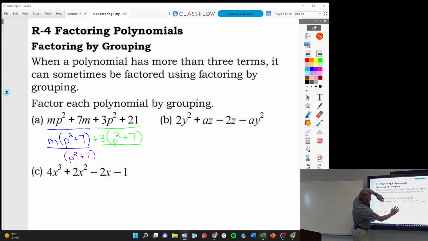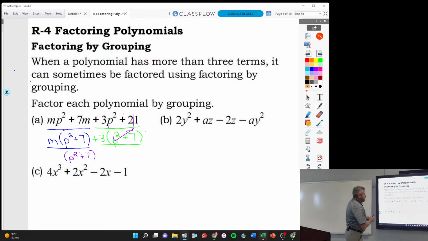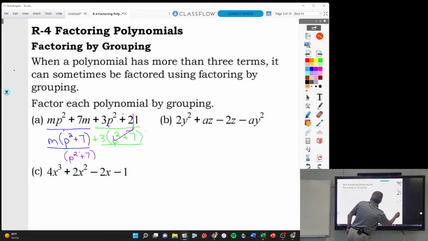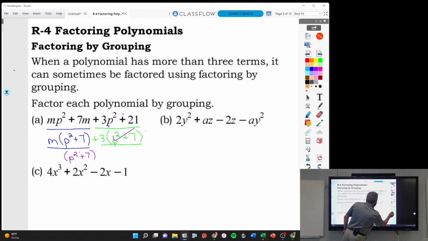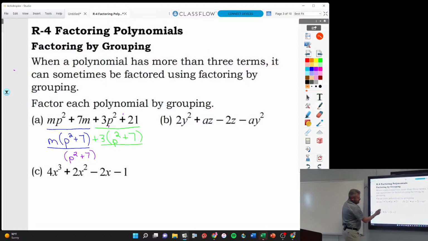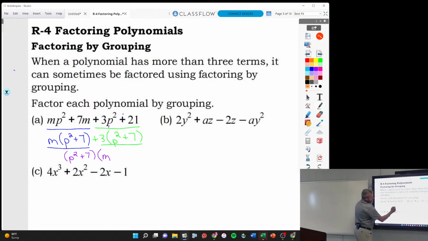If I factor out that p squared plus 7 and think of it as covering those 2 guys up, what do I have left? I see an m is left, and I see that a 3 is left. Sorry about that, I wrote on the board a little bit when I was putting my hands on it. Make those go away. So if I factored out that p squared plus 7, I have this m left, and I have this 3 left, so plus 3. And there you go. It's now factored.